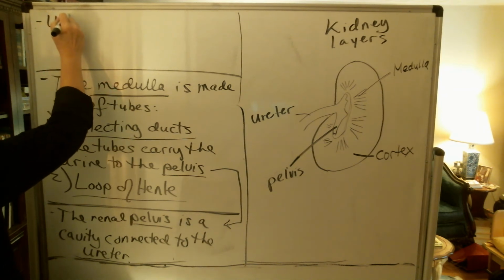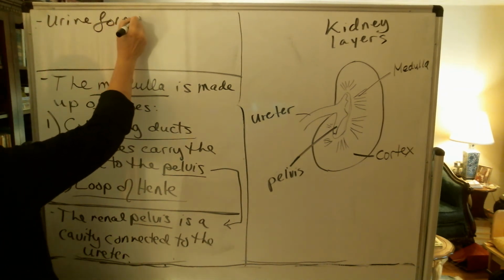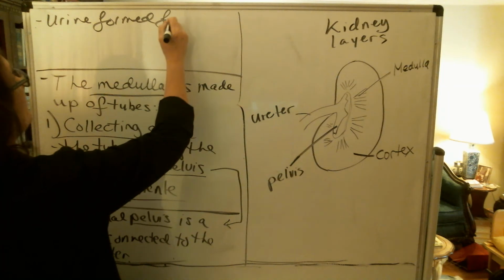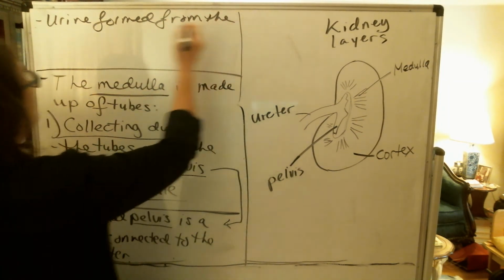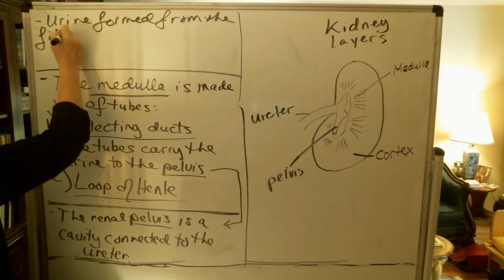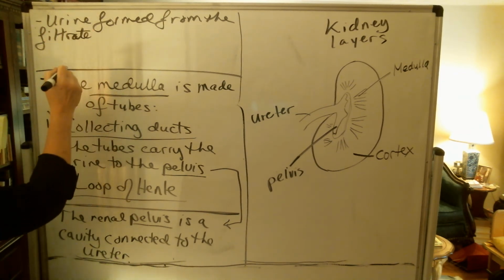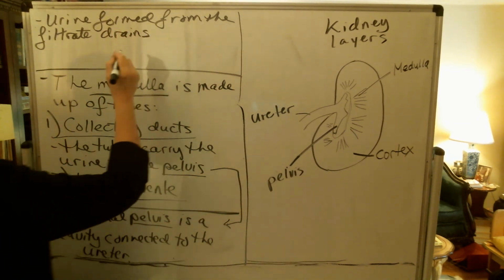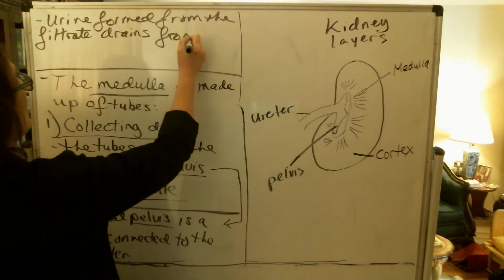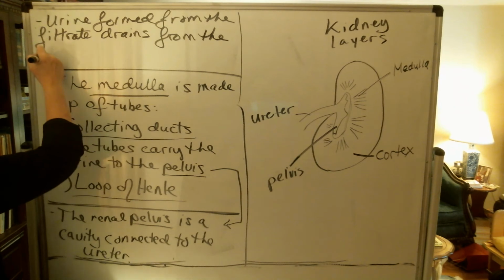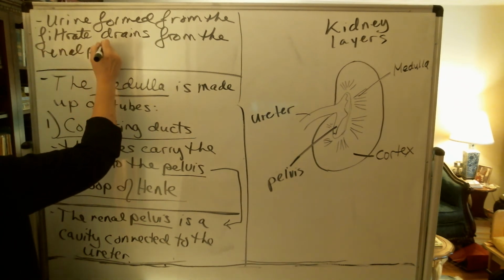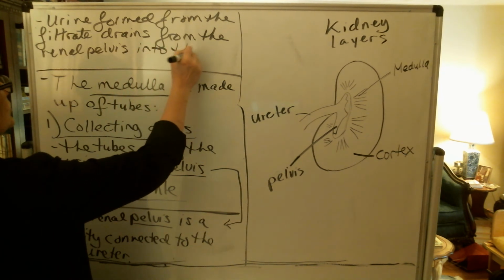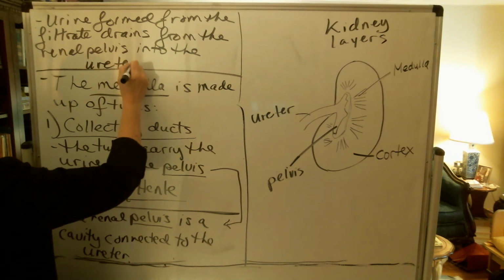And the urine that is formed from the filtrate, as it is known, and more on this later, drains from the renal pelvis and into the ureter.